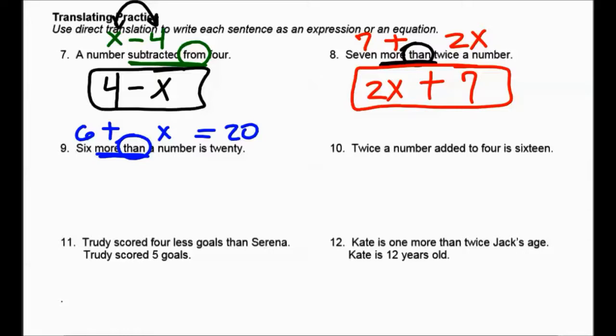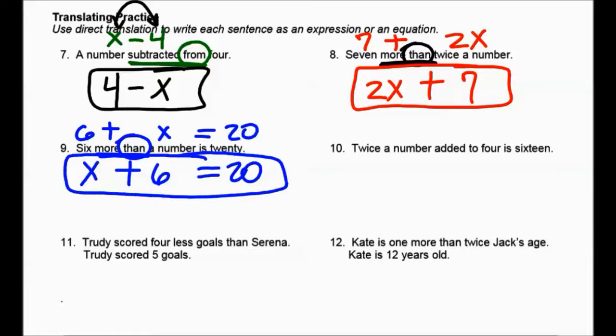Here I'm adding, I'm only going to switch the 6 and the x. Those are the only two things that get switched. Equals 20 stays exactly where it is, and now the 6 and the x get switched. 6 more than, from then to switcheroo, so I know I have a switcheroo word, and then equals 20.